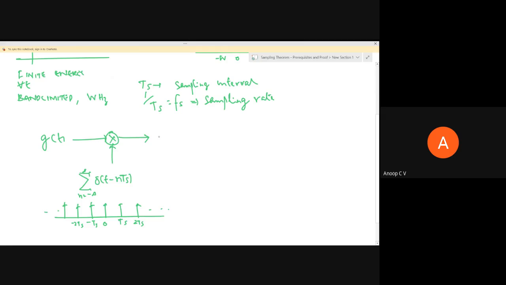If you multiply these two, we get g delta of t. This is our sampled signal, which is g of t times the summation over n from minus infinity to infinity of delta of t minus n Ts.